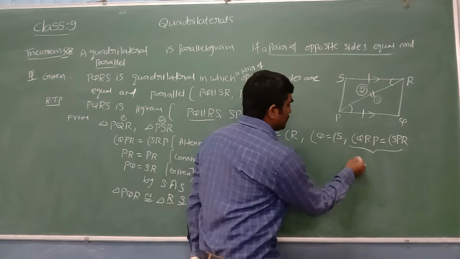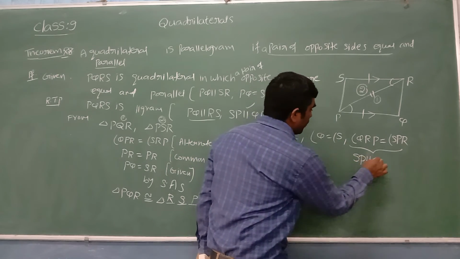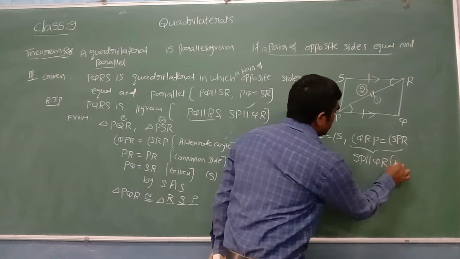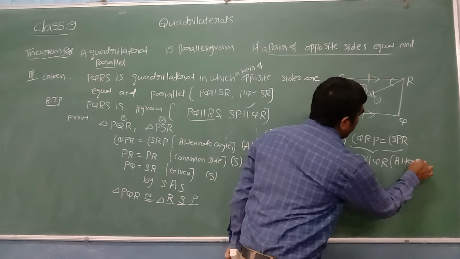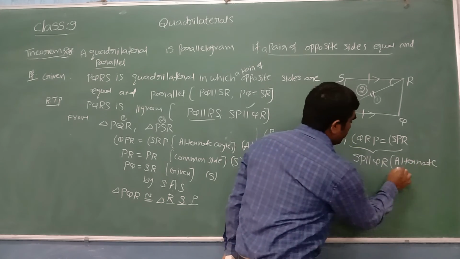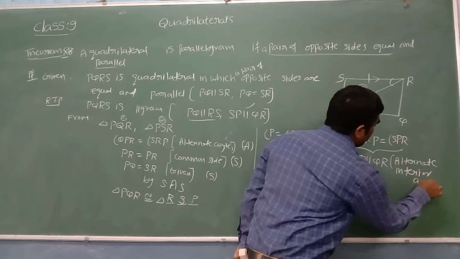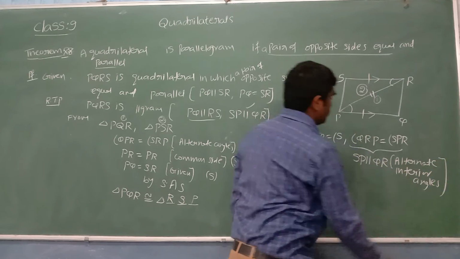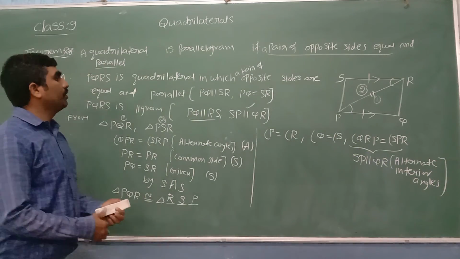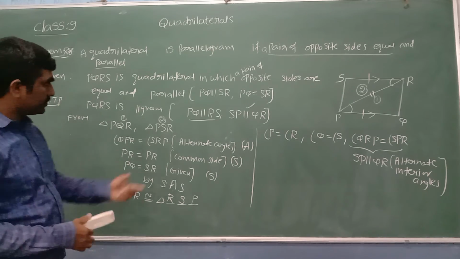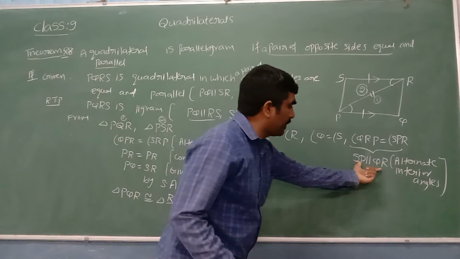Yes. From here you can say that SP is parallel to QR. The reason is both are alternate interior angles. Already in the question we were given one pair is parallel. We proved the other pair is parallel.